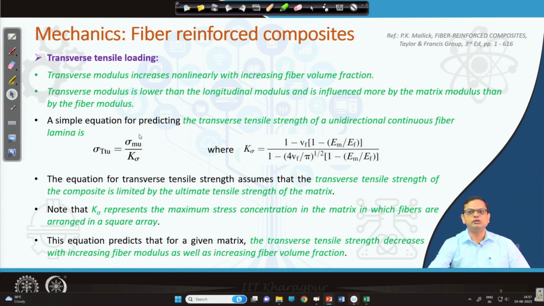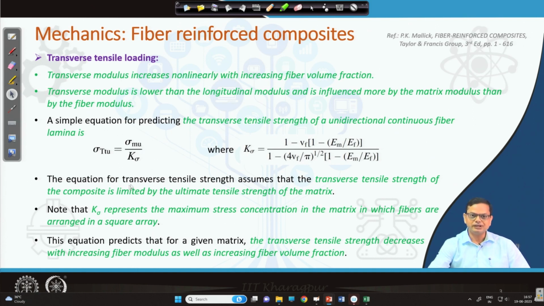Similarly, like the transverse modulus, which is mostly influenced by the matrix modulus, the transverse stress of the composite is also influenced mostly by sigma mu, which is the ultimate tensile stress of the matrix.